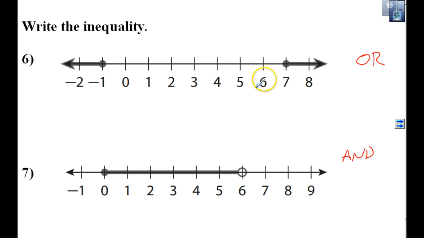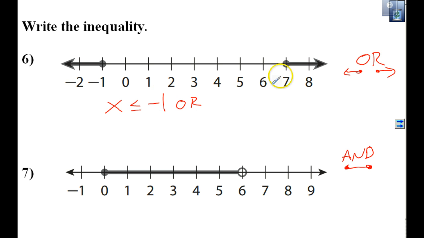And the key characteristics are, OR is going separate directions and AND is connected in some way. All right, so for here, we just write the word OR and write the two inequalities, small one on the left. So what's the inequality on the left side here? x less than or equal to, good.